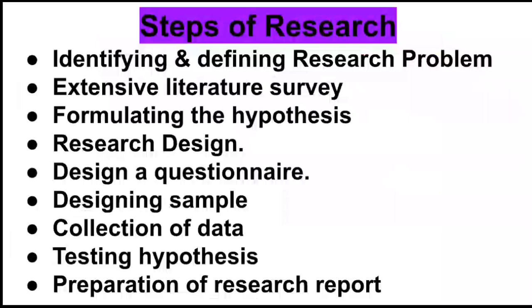Then the design is prepared for that questionnaire. Then data is collected. The questionnaire that we have prepared is circulated in a population and the data is collected. Then testing hypothesis. The hypothesis that we have formulated previously is compared with the data that we have collected.